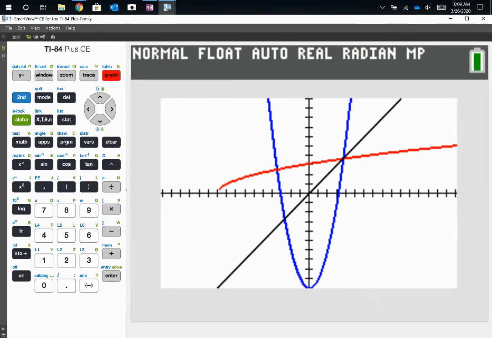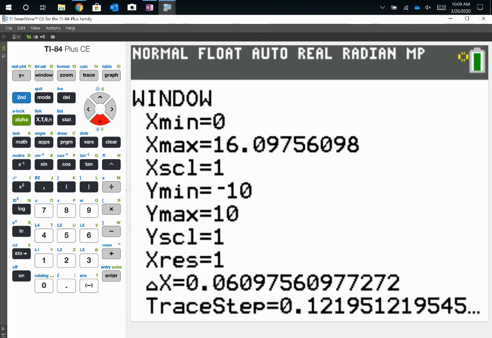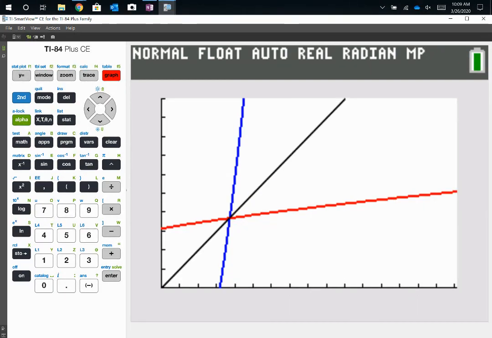So if you really want to see a good picture of this, you would probably have to restrict it to the first quadrant and fix the window by saying, x minimum is 0, and the y minimum is 0, and graphing it. And then getting a better picture of the graph with the calculator. Okay.